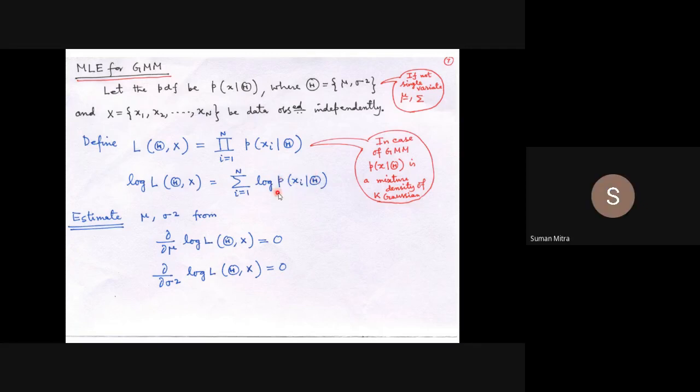This is a single variate Gaussian. So what is the PDF of this single variate Gaussian? 1 by root over 2 pi sigma, e to the power minus half, and in place of x, you write xi minus mu by sigma, whole square. Write it down completely, and then take the log. What are you getting? Log of 1 by root over 2 pi, that means a constant. Then log of 1 by sigma.